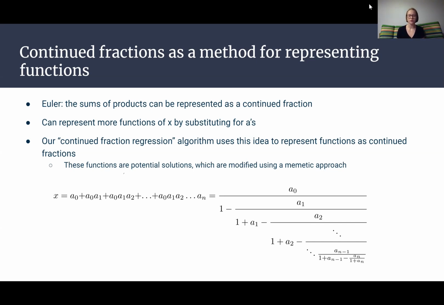So the way that we use this idea is that instead of using just a0, a1, and a2 as constants, we actually substitute in other expressions of x. By doing this, instead of just modeling a sum of products, we can model whatever kind of function we come across.